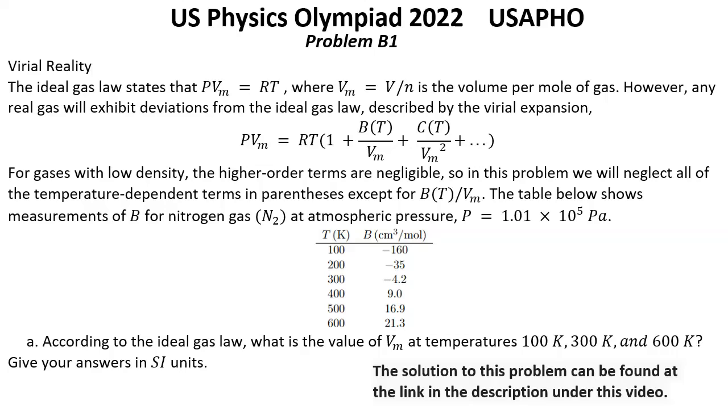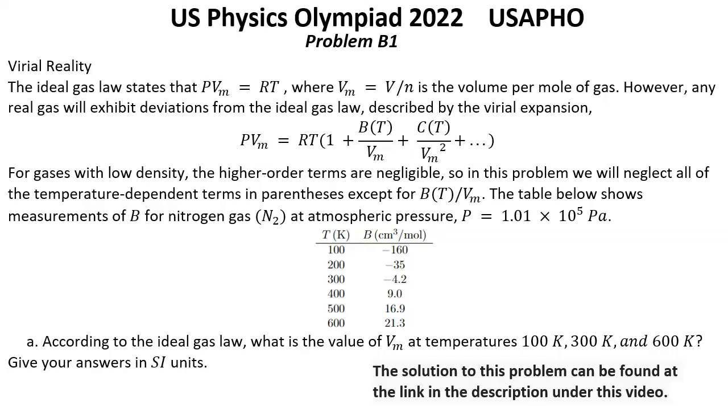However, any real gas will exhibit deviations from the ideal gas law described by the virial expansion. This equation. For gases with low density, the higher order terms are negligible. So in this problem we will neglect all of the temperature dependent terms in parentheses except for B(T) over V_m.